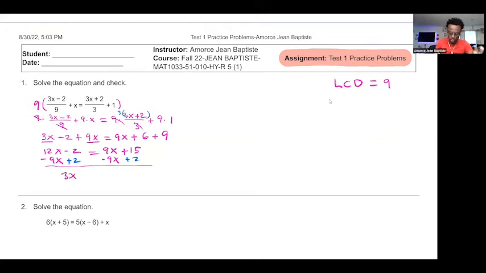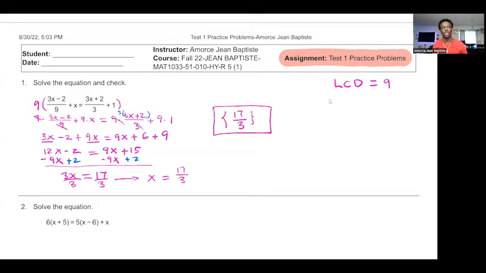Your equation is 3x equals 17. And then to isolate x, we will divide by 3. Your answer is x equals 17 over 3. You give it in braces, as a solution set. So that's the first problem.